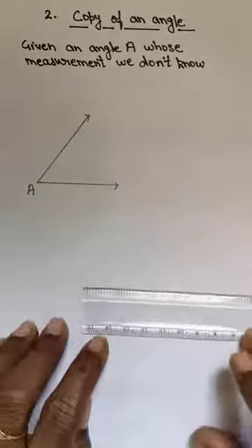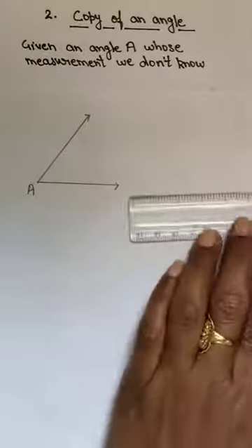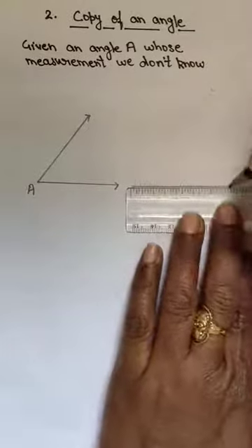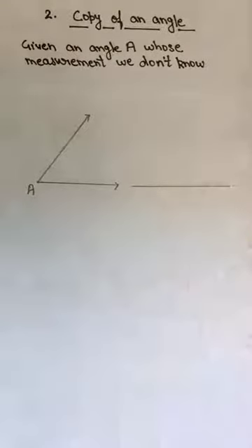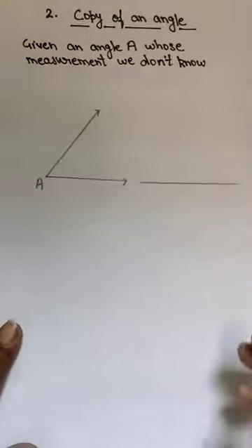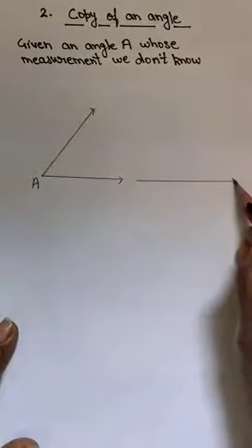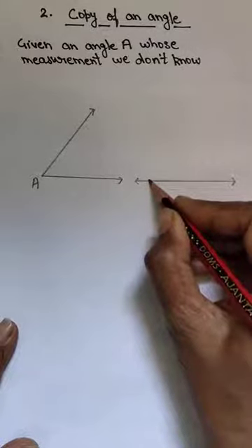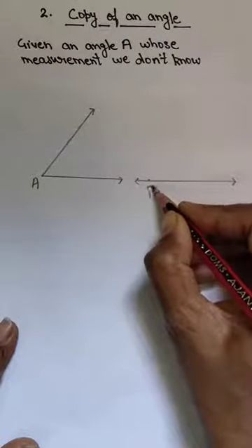Okay, this angle is given to us. Draw a line L. Mark a point P on it.